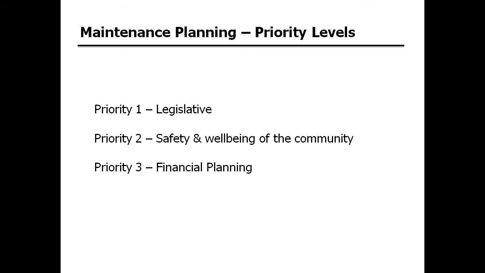It could be a priority 2, which might be as simple as a tripping hazard in a walkway, that type of thing. Or a priority 3, a financial planning issue. So that could be something like a failed roofing flashing and those type of things, which it's a long-term problem. It can't be left, and something needs to be planned ahead for.